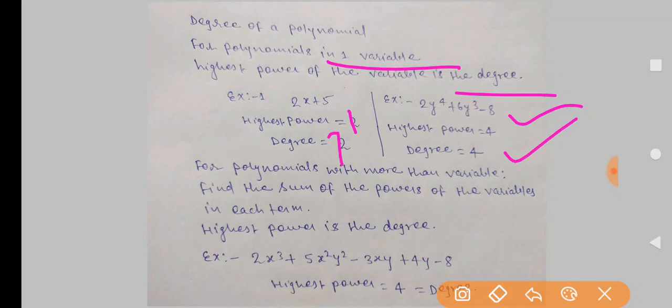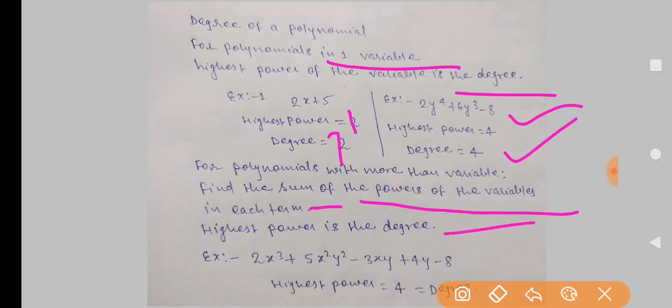For polynomials with more than one variable, that may be 2 variables, 3 variables, 4 variables, or many variables, find the sum of the powers of the variables in each term, and the highest sum is called the degree.